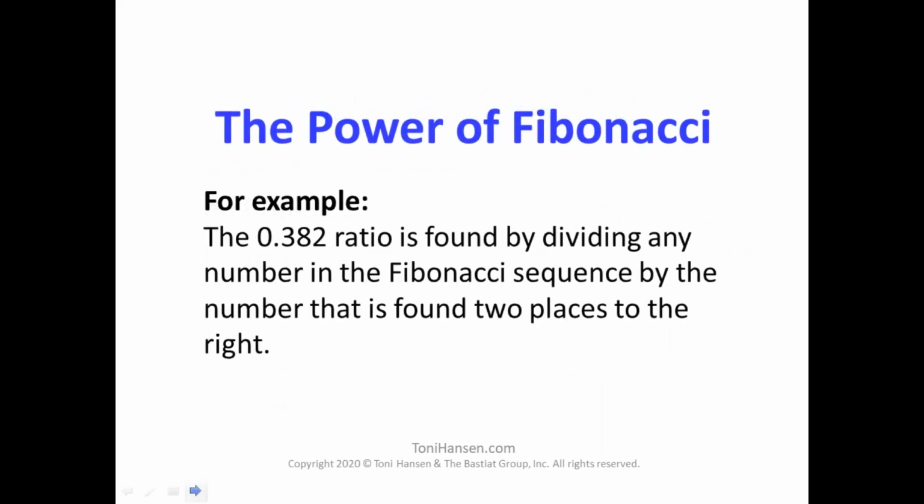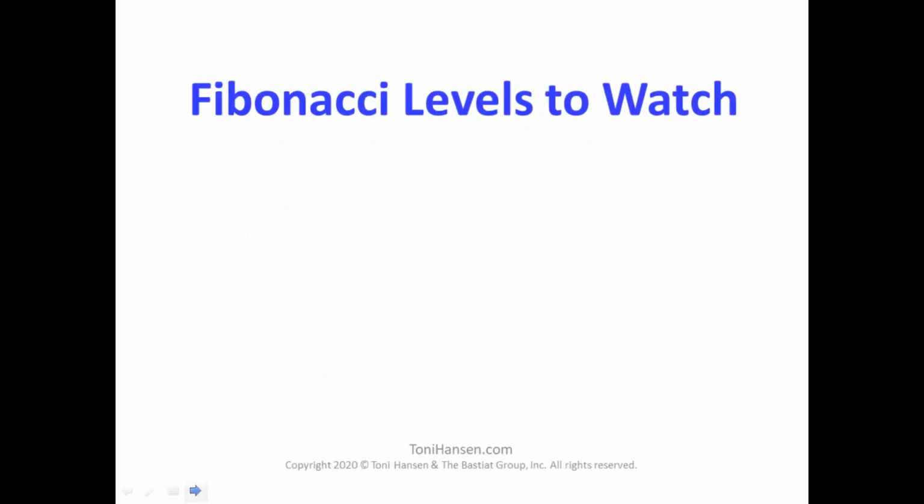One example is that we get the 38.2% that we use in our Fibonacci indicators from the ratio made by dividing any number in that sequence by the number found two places to the right of it. This holds after the first couple of numbers. Once you get to the fifth, sixth numbers in the series, you'll find that this holds throughout. So 34 divided by 89, for example, is approximately 0.382.